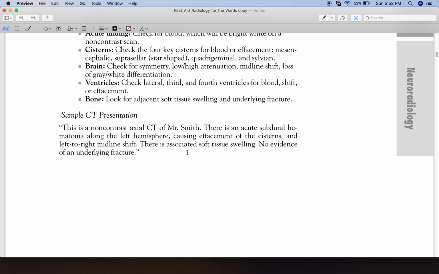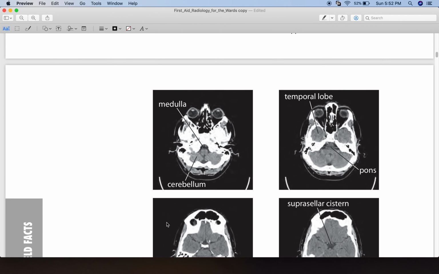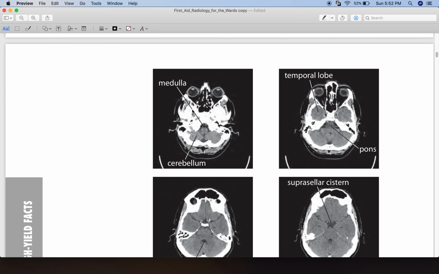There is associated soft tissue swelling. No evidence of an underlying fracture. Let's see the CT scan. So here we have the first picture on the left side. On this picture, we can see this is a CT scan without contrast, and we are going to check it.